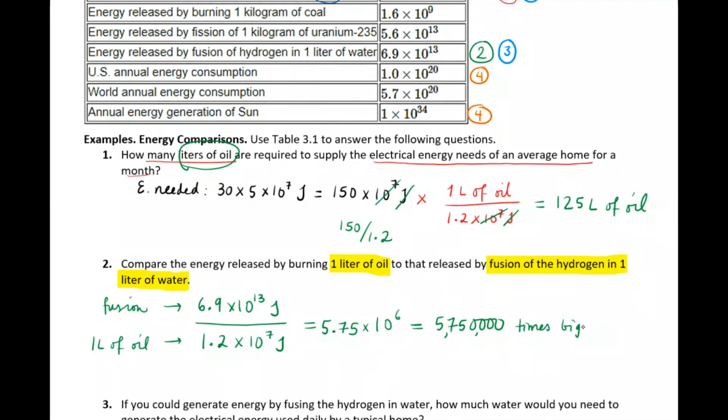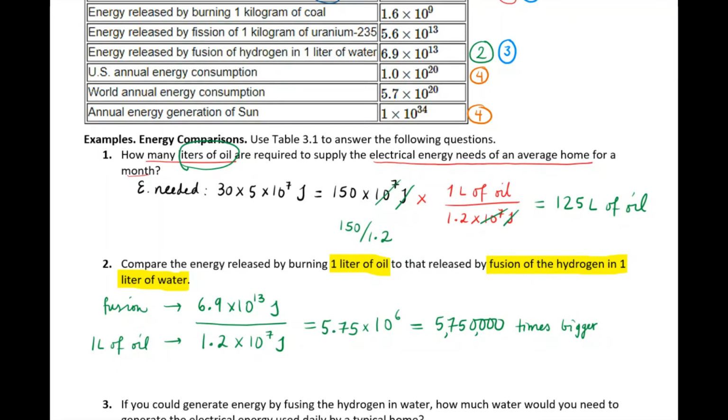That's how you get this number: I compared the two numbers. I hope this problem is clear. You compared two energy amounts, from fusion and from 1 liter of oil.